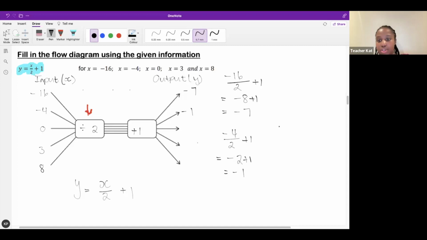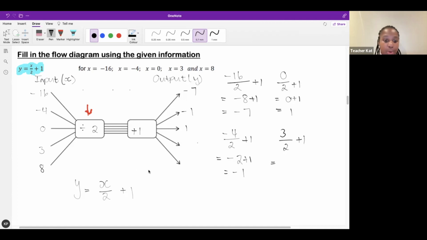Okay, next one, 0 divided by 2 plus 1. What's 0 divided by 2? It is 0. And if I add 1 to that, then my output is 1. Next one. 3 divided by 2 plus 1.